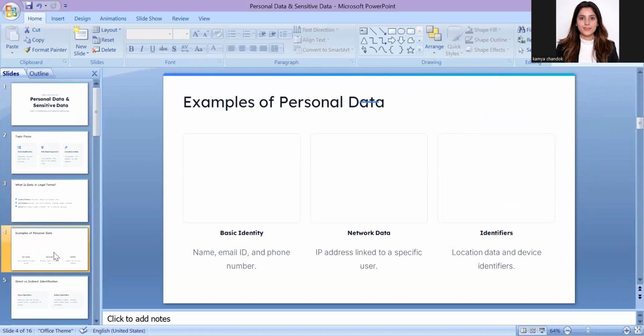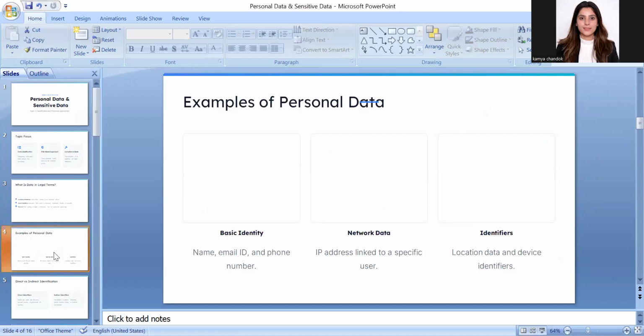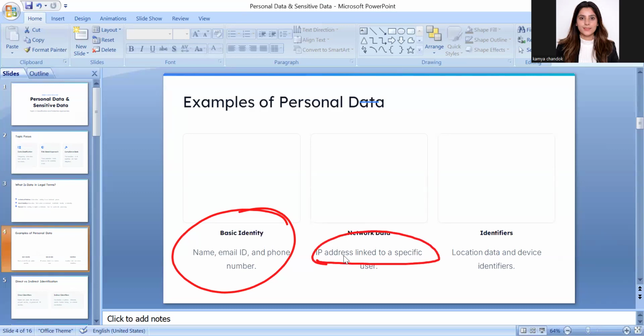Now let's understand what personal data is. Personal data means any data about an individual who is identifiable either directly or indirectly. Examples include your basic identity, like your name, email ID, phone number, IP addresses that are linked to a specific user, the customer ID, and location data that is tied to a device.